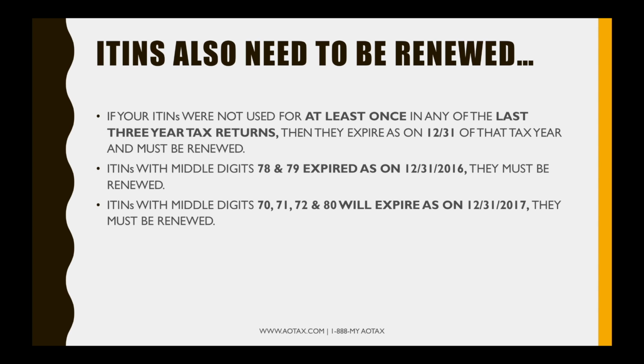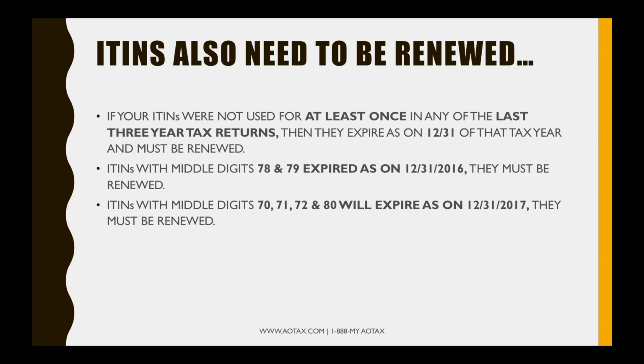Then ITINs with middle digits 78 and 79 have already expired on December 31st, 2016 and must be renewed. And ITINs with middle digits 70, 71, 72 and 80 will expire on December 31st, 2017, and they also must be renewed. The renewal of an ITIN application is the same as that of an original application.